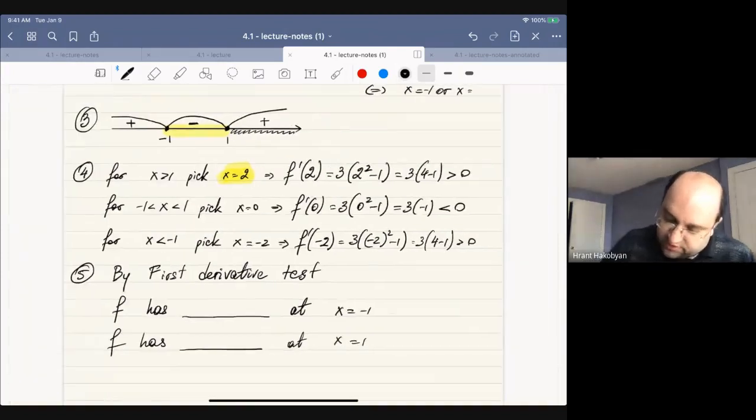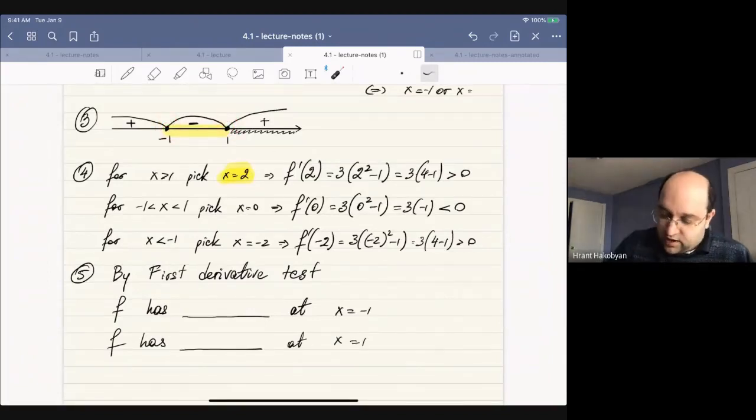Okay, so there are 2 critical points, this one here and this one here, and I'm going to figure out which one is a maximum, which one's a minimum. Well, here, okay, so let's do -1.